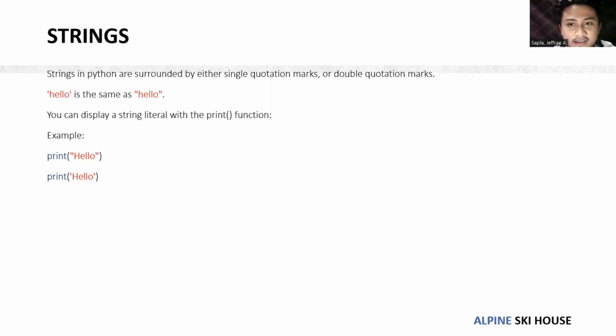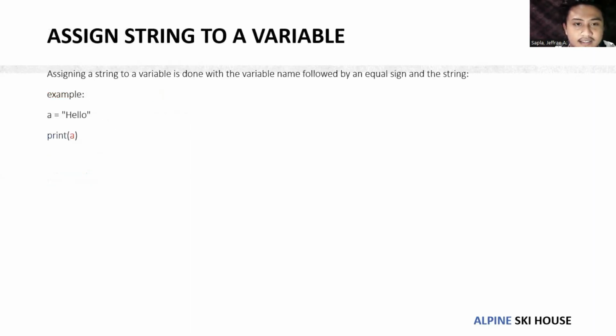Pareho pa ring string yan at pareho pa rin ang magiging resulta niyan. Assign string to a variable: assigning a string to a variable is done with the variable name followed by an equal sign and the string. Example, variable a is equal to hello with quotation. So, pag print mo yung a, syempre lalabas yung hello without quotation.